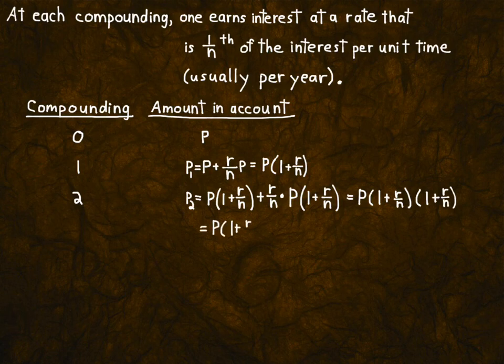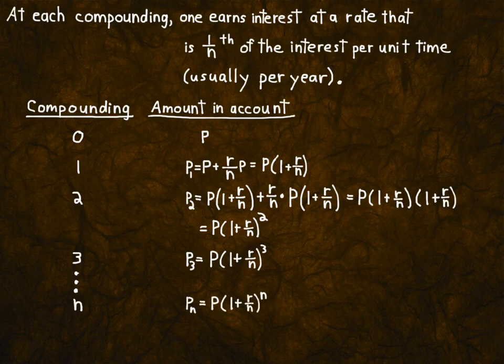In other words, you get P times the quantity 1 plus R over N, that whole thing squared, with the P as a coefficient. And so you can see the pattern, I think. At the third compounding, you have to cube the 1 plus R over N, and so on. At the nth compounding, you take the nth power of 1 plus R over N.